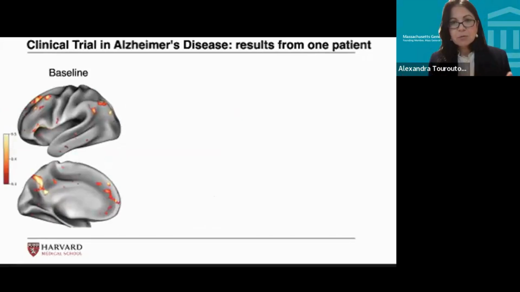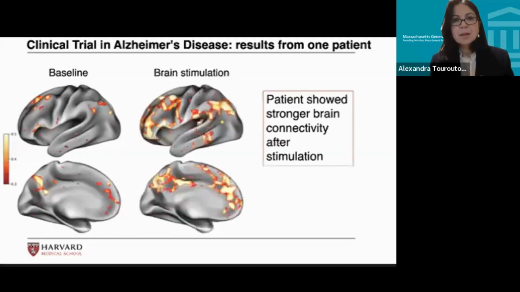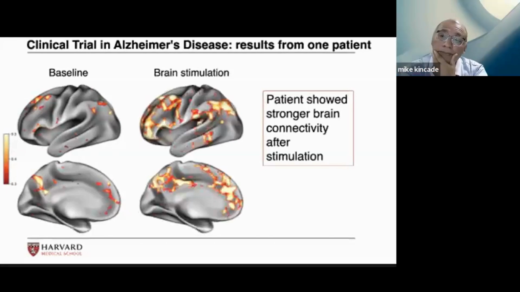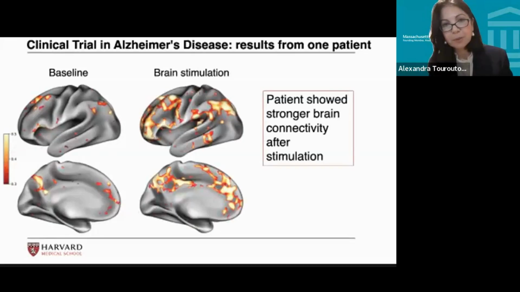When the patient came to the clinic early on, the communication between brain regions that we were able to detect, to measure using functional MRI, looked weak. But then after stimulation, we found the communication between brain regions became stronger compared to baseline, as you can see.